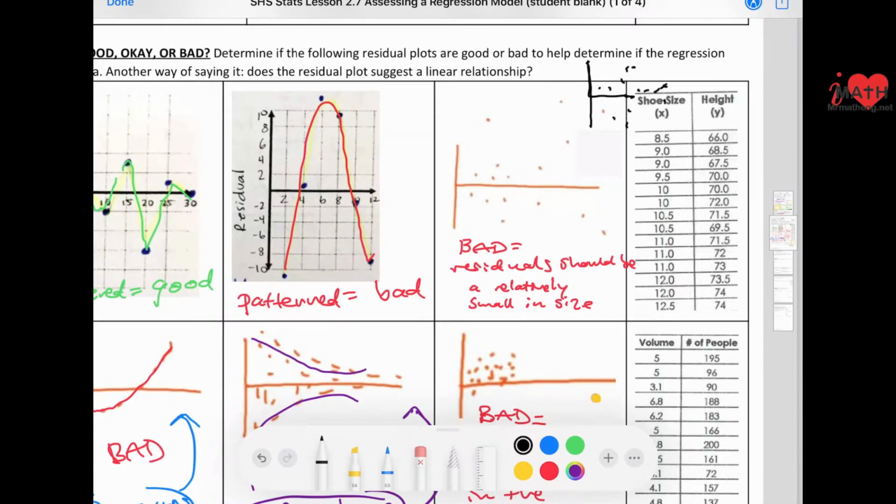Okay, so I would say that one looked scattered. So this one was good or okay. Good to okay. Now, why did I say okay? Because you could kind of almost see a pattern happening. It kind of looks curved, but looks more scattered.